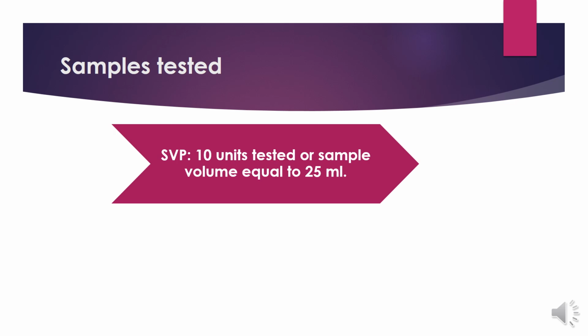Means if you have ampules or vials, you have two choices: you check either 10 vials or 10 ampules, or at least their pooled volume is equal to 25 ml, for both the tests, for the microscopic count or for your light obscuration test. This is the sample limit for the small volume parenterals.